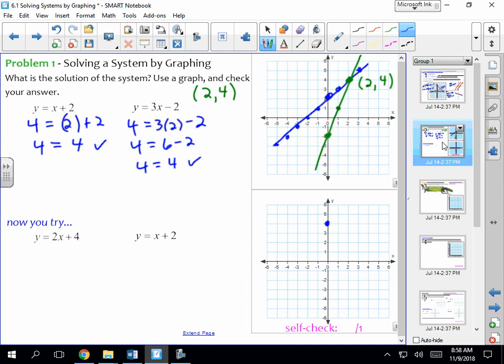This one's interesting because if I keep going up 2, right 1, I'm quickly off the graph, but the intersection point is actually in the other direction here. So you want to go down 2, left 1.